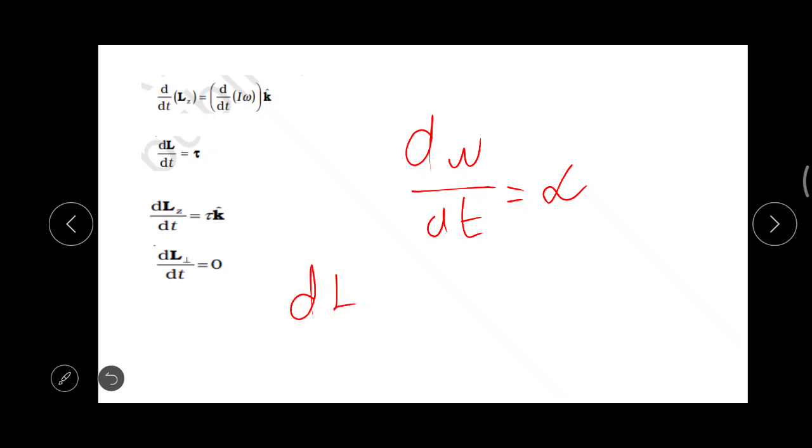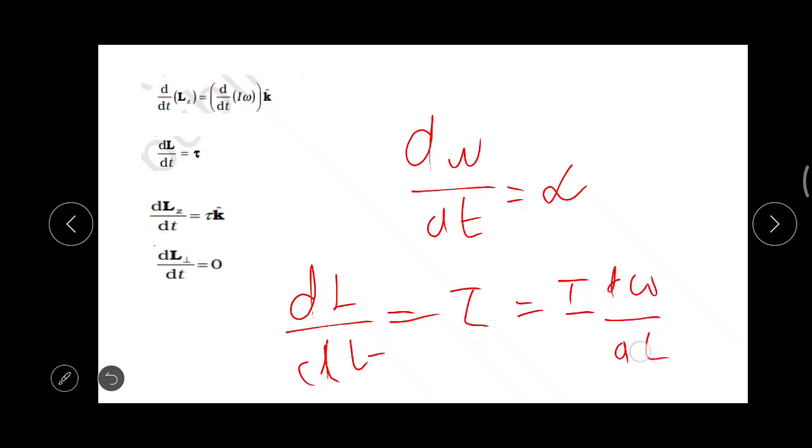dL by dt. We know that the rate of change of angular momentum is the torque value, just as, for linear momentum, the rate of change dp by dt is equal to F. In the same way, dL by dt is equal to tau, and tau is equal to I into d omega by dt, that is, tau is equal to I alpha.